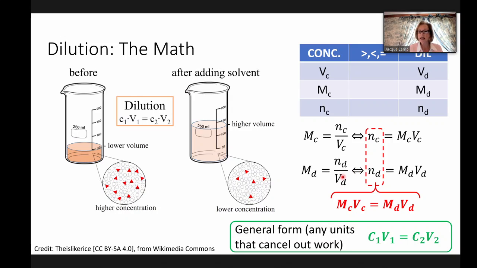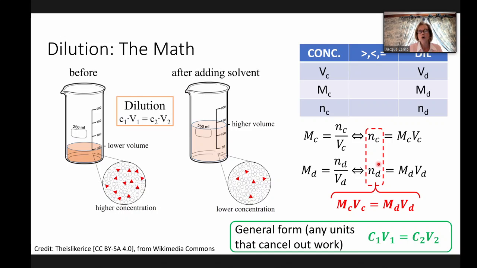So what I'm saying is that the molarity times the volume of your concentrated solution is equal to the number of moles of solute. Molarity times the volume of your dilute solution also equals the number of moles. These two are equal because we haven't added any solute. All we've done is add solvent.